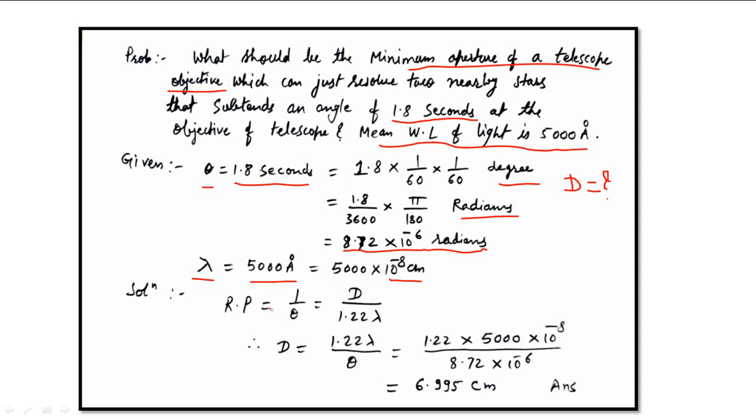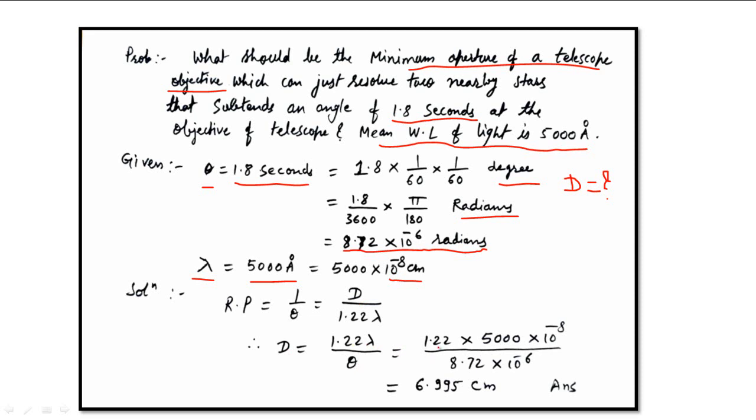So the resolving power will be equal to 1 by theta, and according to Airy, for circular aperture, that will be equal to D divided by 1.22 times lambda. Since we need to find D, that is the diameter of the circular aperture, we convert this formula in terms of D. So we get D is equal to 1.22 times lambda divided by theta.